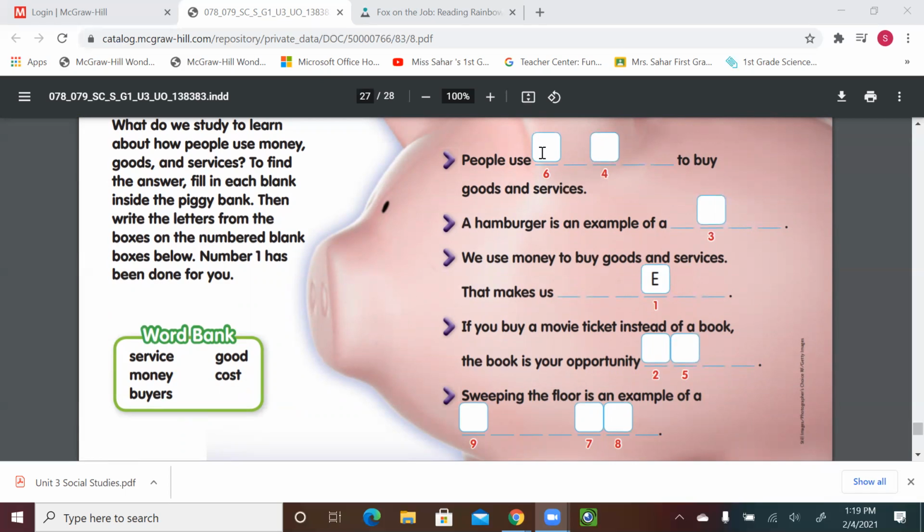Yes, so the first choice will be money. You need to write the word money here. So you're going to write the letter M, then the letter O, then the letter N, then the letter E, and the letter Y. So people use money to buy goods and service. Let me do the first one for you.